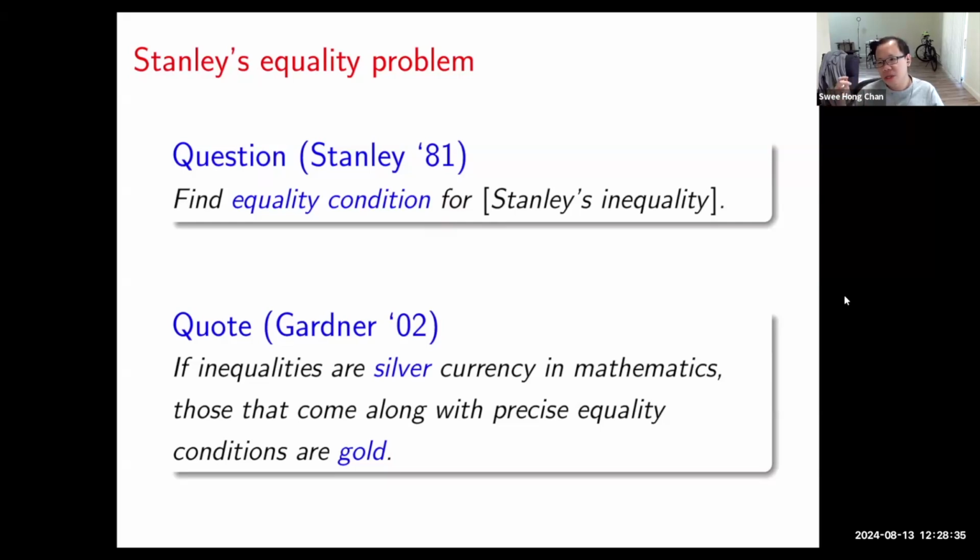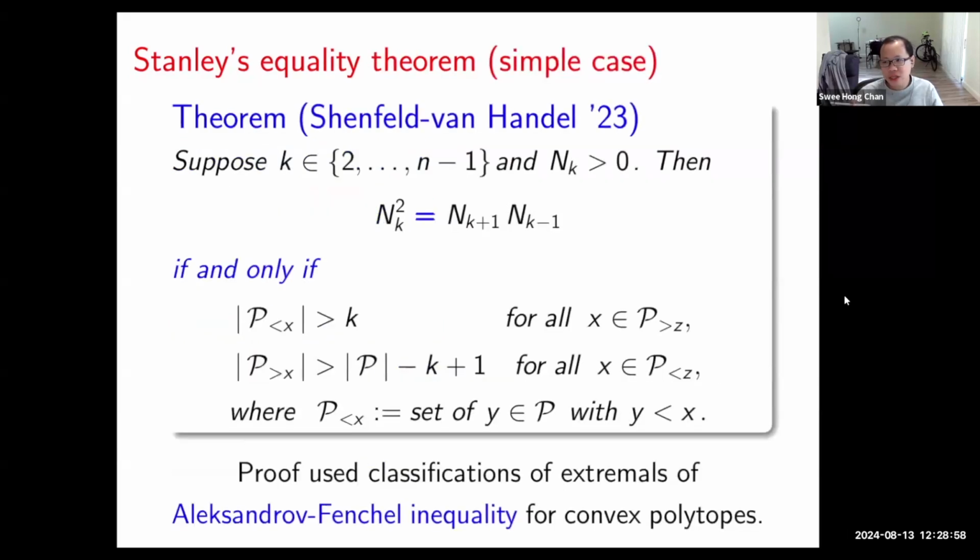It shows that you really understand the inequality, and not just that you got it using some tricks. That's why Stanley asked this question, and that is why people try to prove equality conditions. And so this question, Stanley's equality problem, turns out to be a very difficult question.